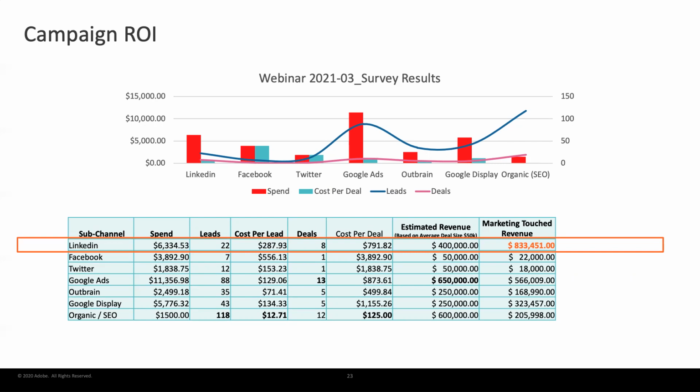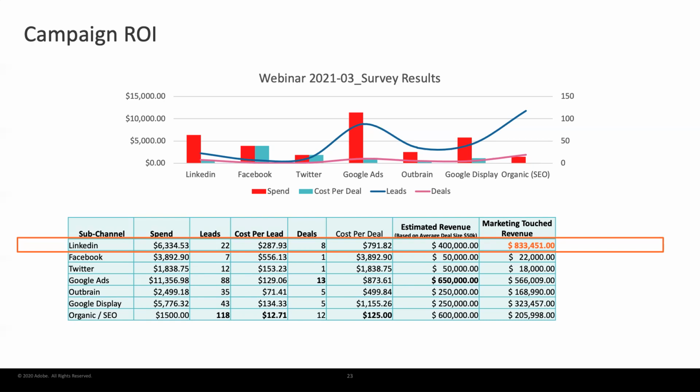And this is where ROI really starts to come into play. So it's not just leads, it's not just deals, it's actual revenue that was promoted by this. You may start to find that some channels that have a really low cost per lead just don't drive revenue, or they drive really small deal sizes.